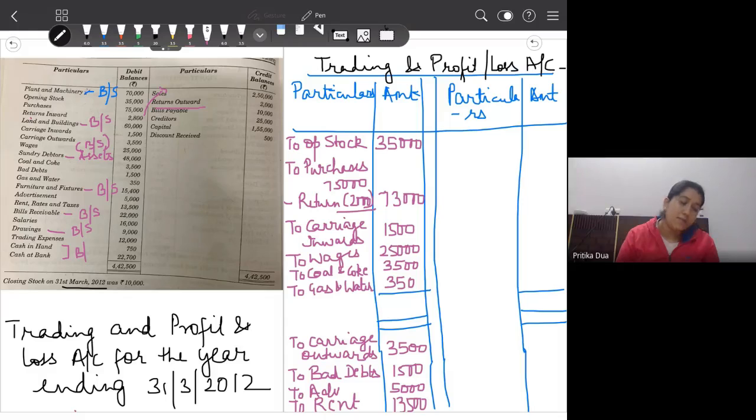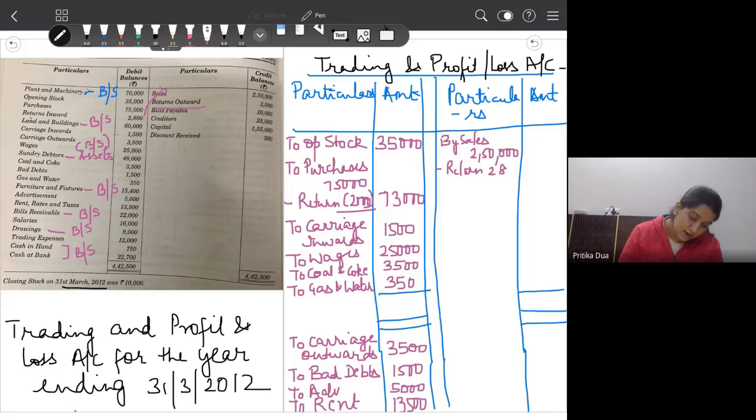क्रेडिट साइड में सबसे पहली एंट्री सेल्स की है. So I start with sales. Amount is 2,50,000. So less return. Return आपका इनवर्ड है 2,800.